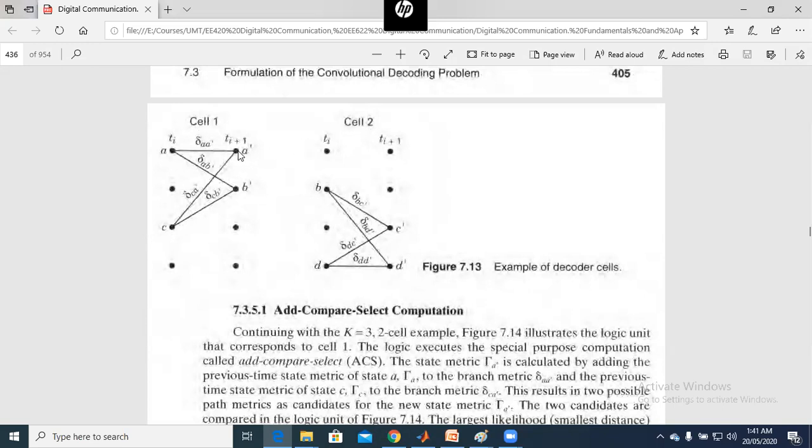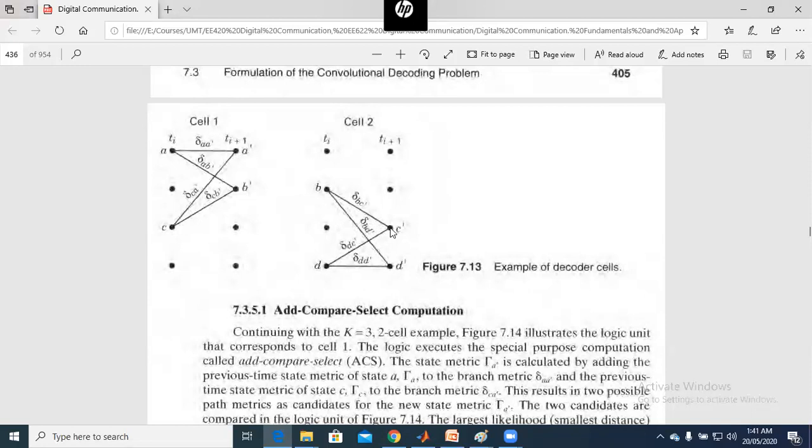So the 2 paths emerge at Ti plus 1 time, and the 2 paths emerge at B state. The 2 paths emerge at A state and converge at B dash state.